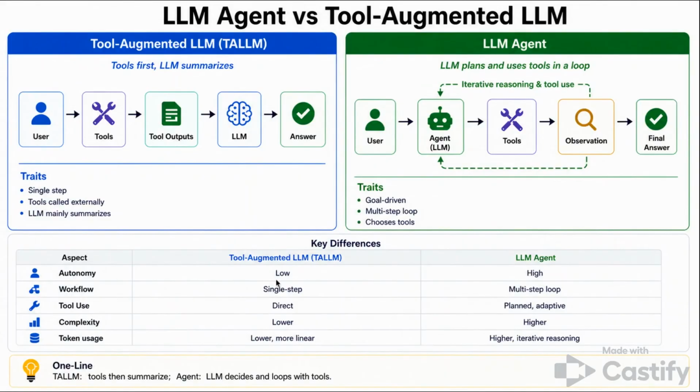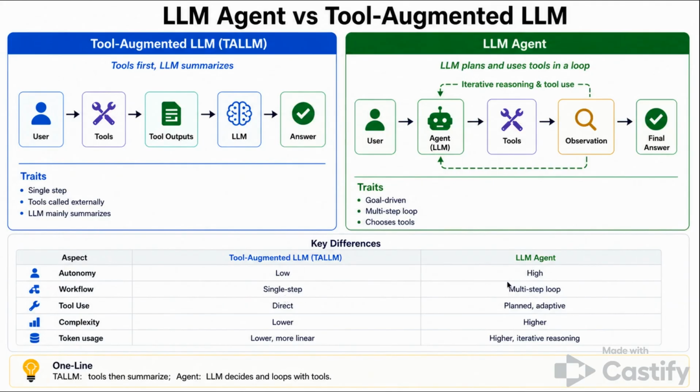Autonomy-wise, with the tool augmented LLM there's not much autonomy here, we just call the tool and the LLM. But in the LLM agent, the agentic workflow, it's autonomous in the sense that you can have, say, a maximum of 5 observation loops. So it can ask multiple tools to get the perfect answer.